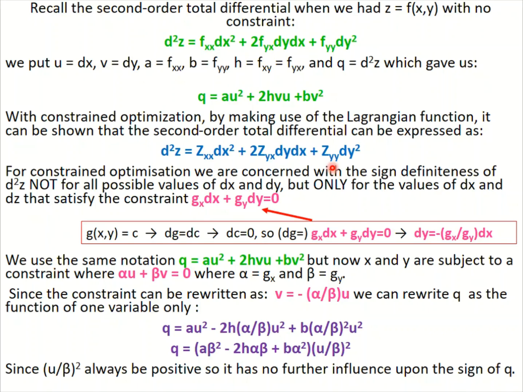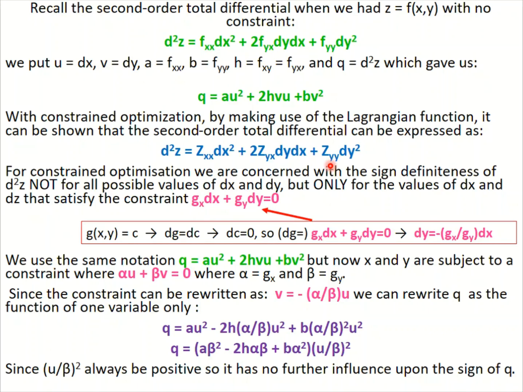All right, so what we need to remember is a big difference between optimizing without a constraint and optimizing with a constraint is that for constrained optimization, we cannot take dy and dx as both of them being arbitrary changes. We can take one change as arbitrary.